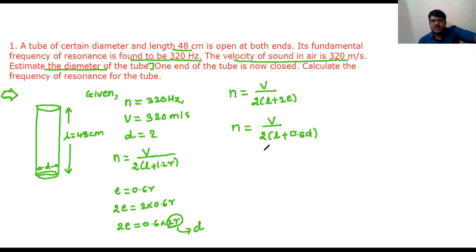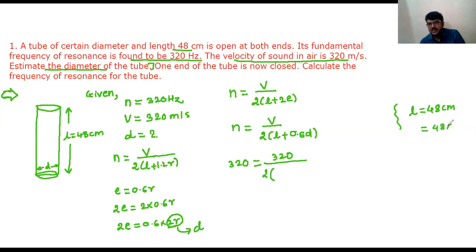So here n is how much? 320 hertz. Velocity is how much? 320 meter per second. This is 2. And in place of L, you can see here L is equal to 48 centimeter. So can I write 48 into 10 to the power minus 2 meter?